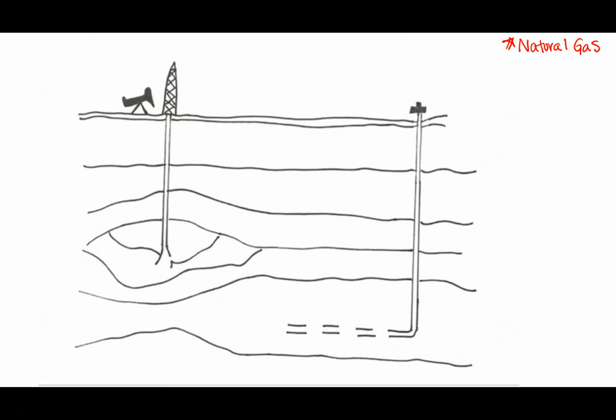Okay. All right. So over on the right-hand side, okay, you see a traditional oil and gas wells, okay? So this is what happens when you have layers that are porous and permeable.